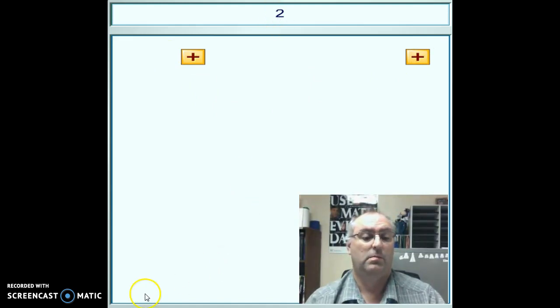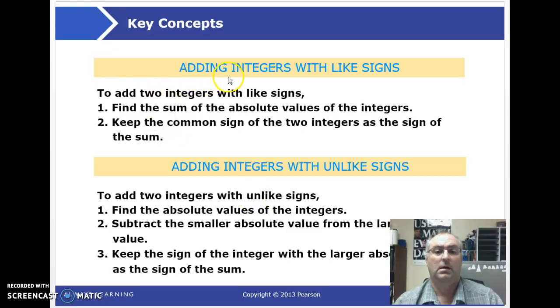So how can we summarize this? Well, we can summarize it with the following rules. When adding integers with like signs, you keep the sum of the absolute values of the integers, and then keep the common sign of the two integers as the sign of the sum.